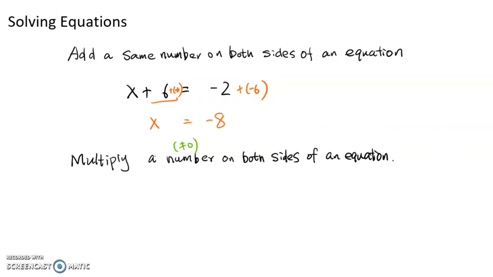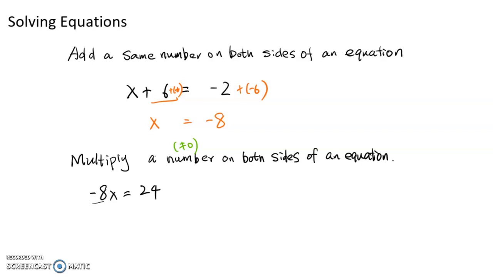Another principle is that you can multiply the same number that is not 0 on both sides of an equation. For example, let's say I have negative 8x equals 24. To solve this equation, another way to say it is to leave x by itself, you want to get rid of this negative 8 that is multiplied to x.